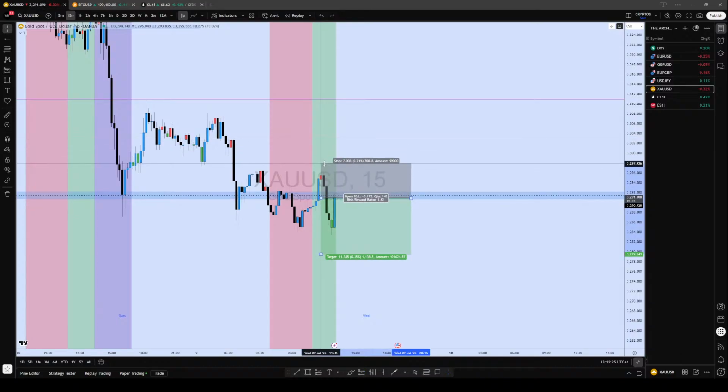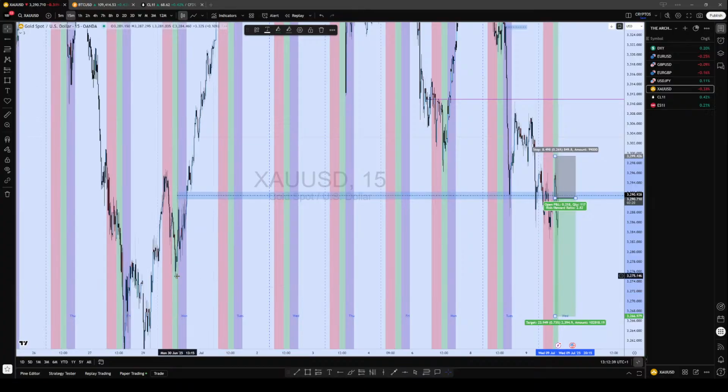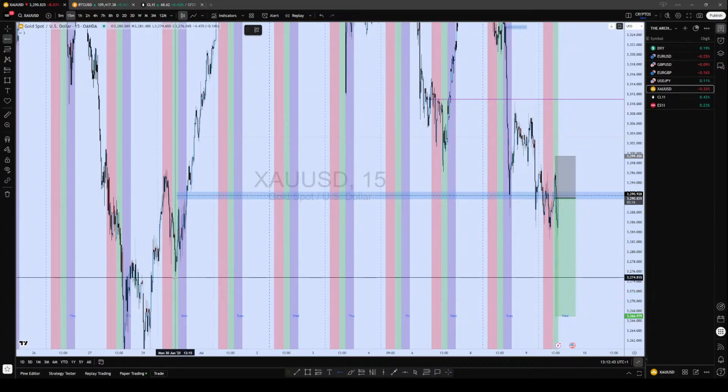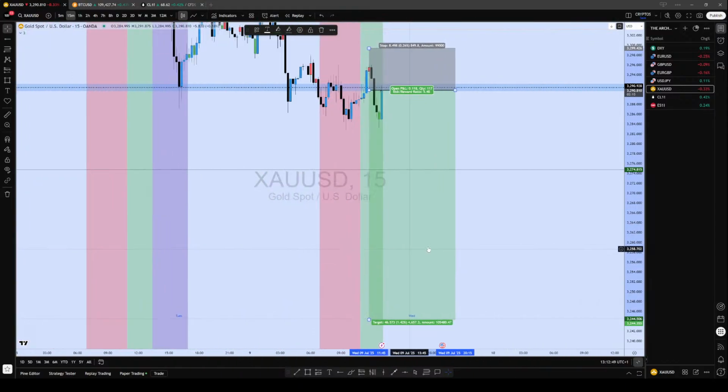Stop loss should be above that one, or if possible, just above this candle's low, and then you look for continuation to the downside to here first, and then the rest you leave it to continue going to attack June's low.